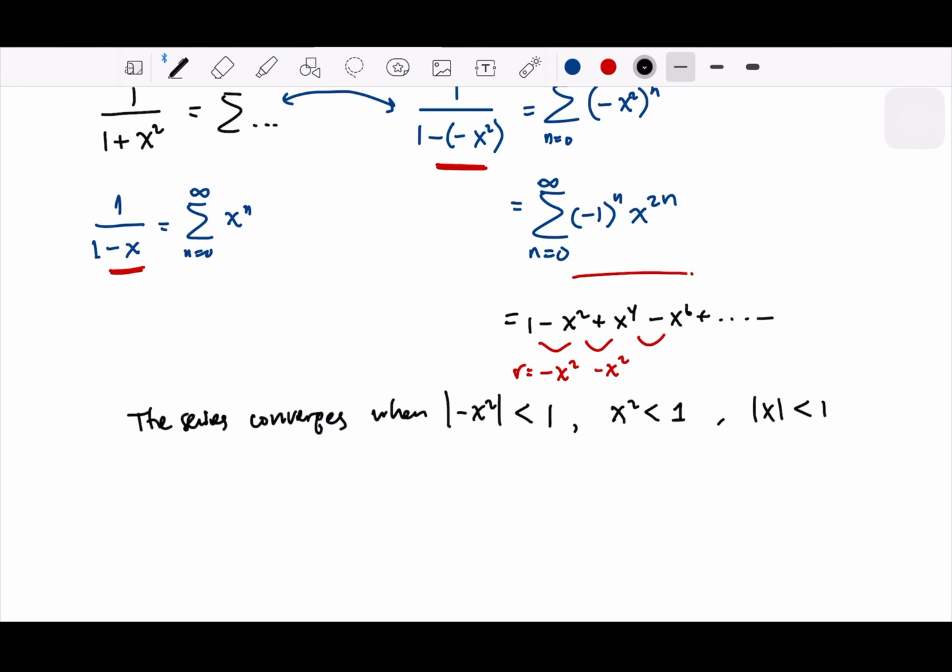So the interval of convergence is negative 1 to 1. We can also check with the ratio test for the series to check the convergence, but I think it's not really necessary.